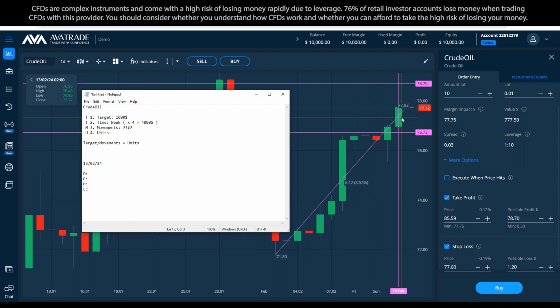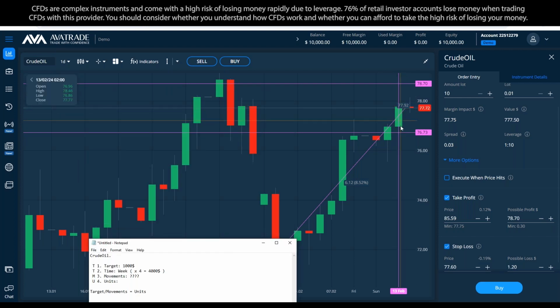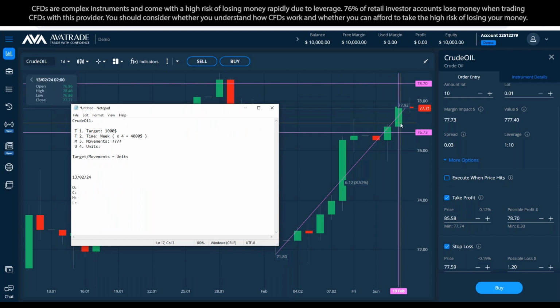Guys, I'm not doing anything special. I'm just looking at the candle from yesterday, right? You see this guy here, the 13th. I'm going to write down what it says here: 76.96, 77.77, high is 78.46, and low is 76.86. Perfect.